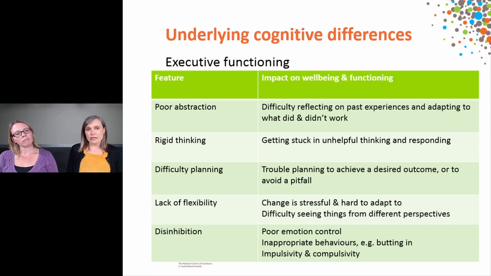And some of these differences are like difficulties with abstract thinking, for instance. So people with autism tend to do much better with concrete examples and concrete thinking about things in the here and now. Whereas abstract thinking requires us to think abstractly about things that have happened in the past, things that aren't immediately present, theoretical notions like the future, for instance.